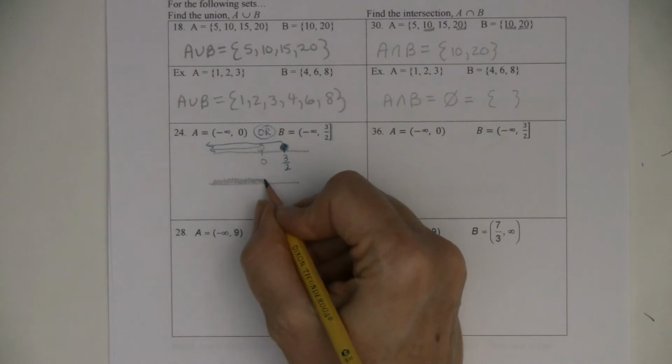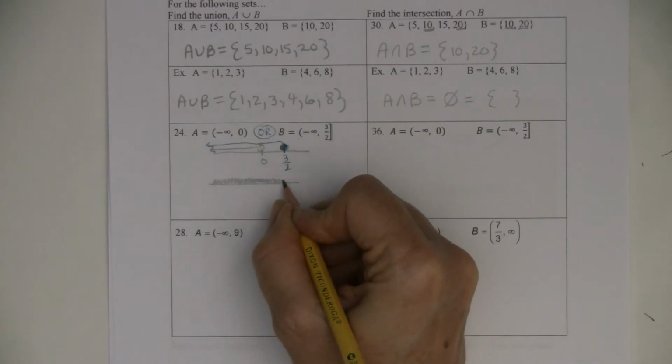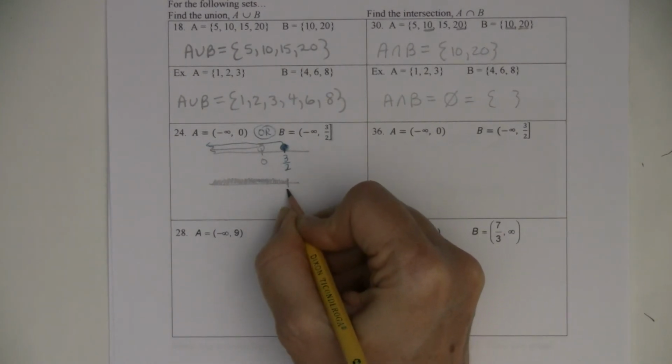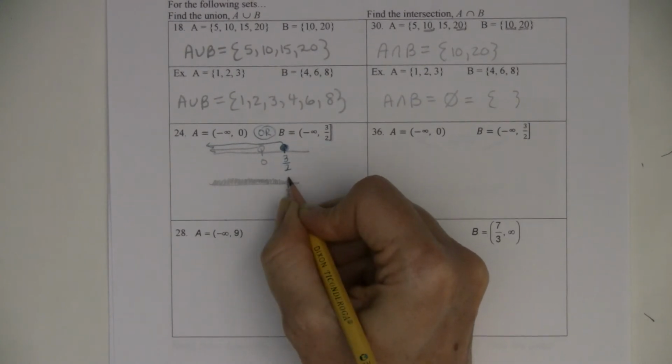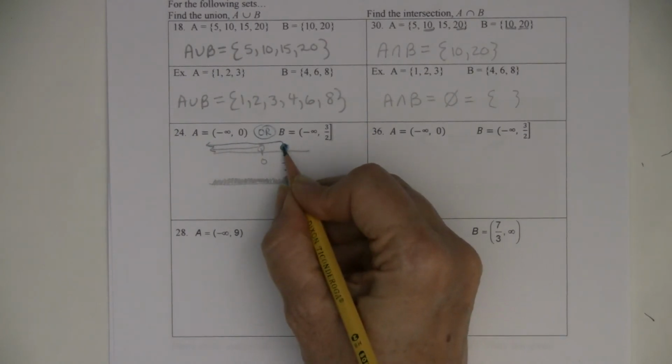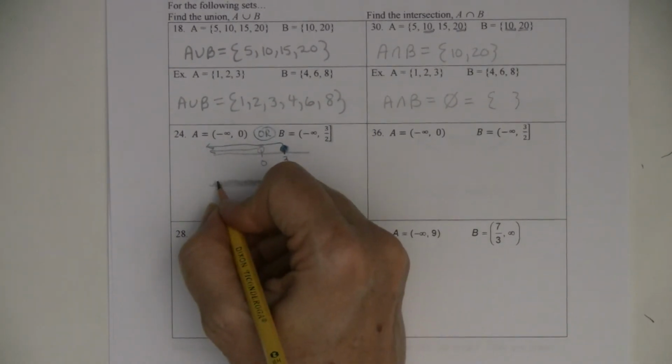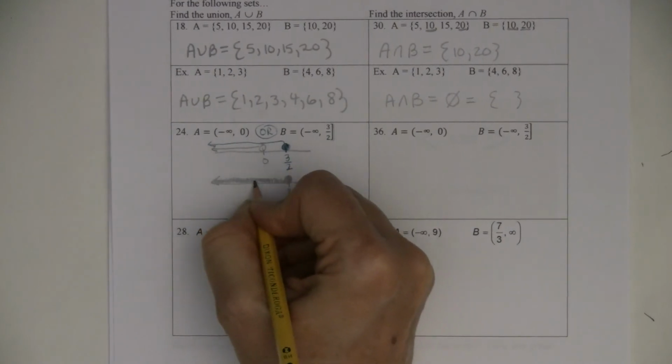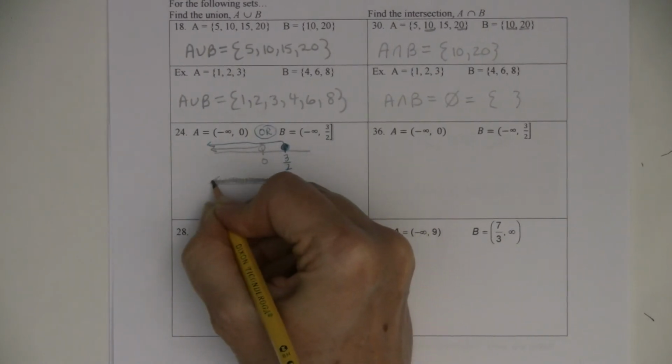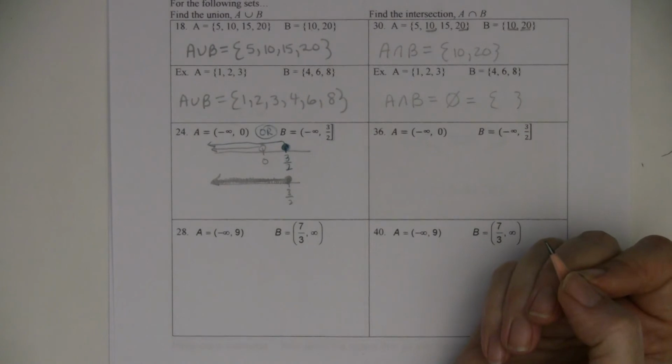And so this continues all the way to 3/2. Is 3/2 invited to the party? Well, yes it is, because B invited 3/2. And then I'm going to put an arrow on this, and there's my answer as a graph.